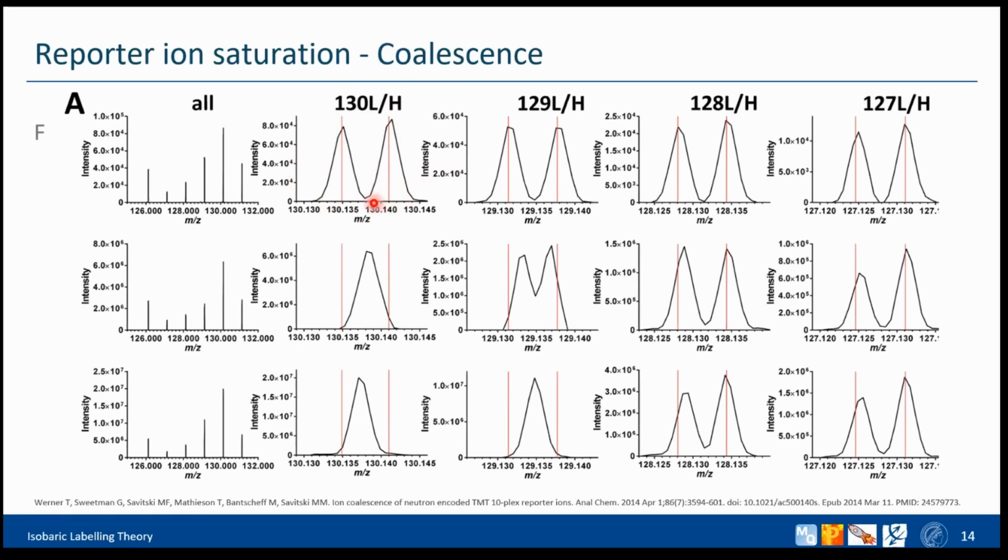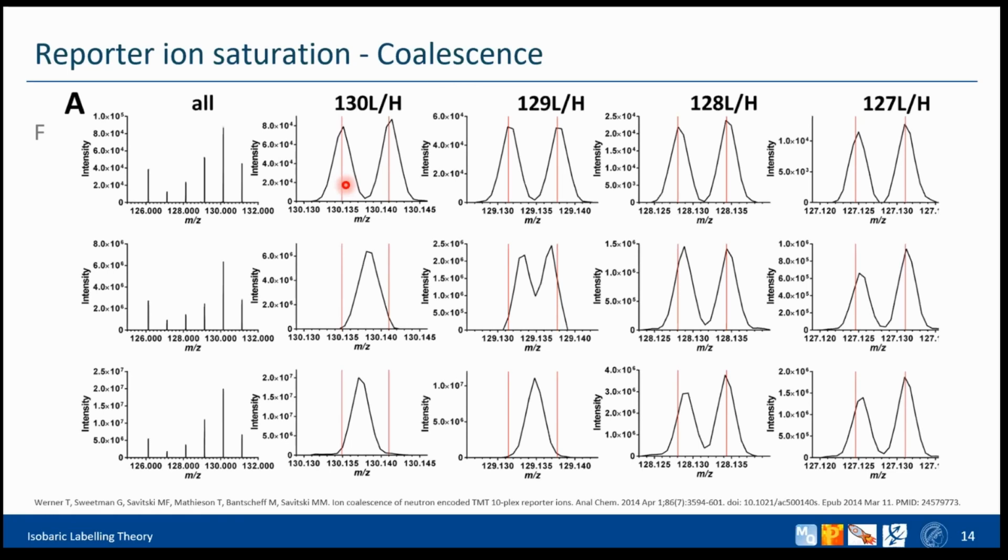What actually happens is, if the intensity in that channel goes up, it's hard to see, but this is magnitudes higher than that one, these two peaks merge together in the system, and this was an Orbitrap, and you can't distinguish them anymore. So there is no ratio.